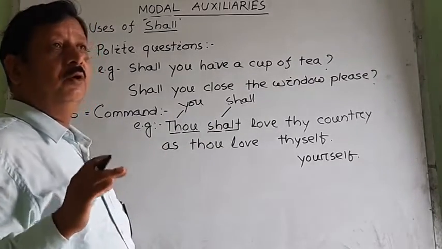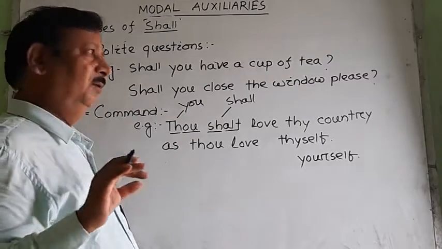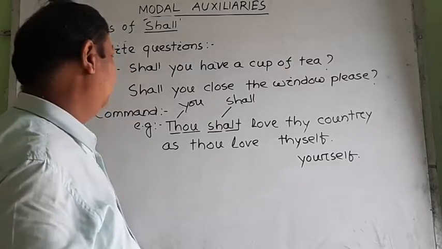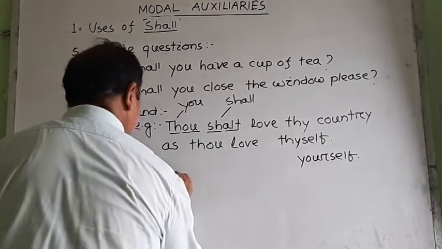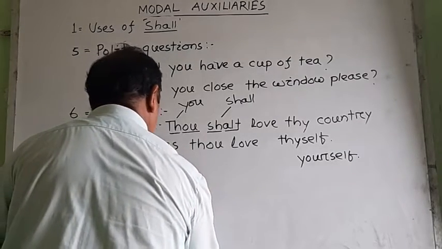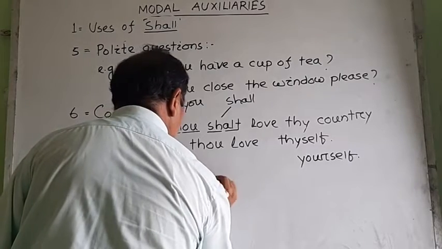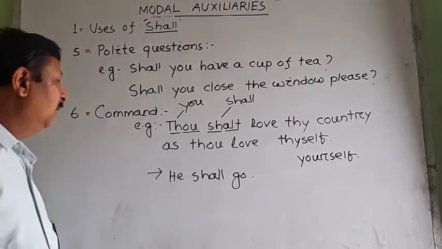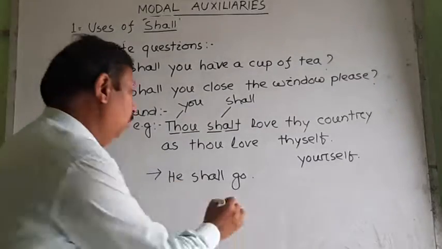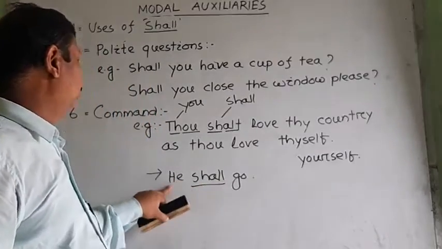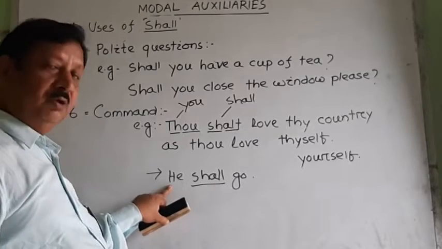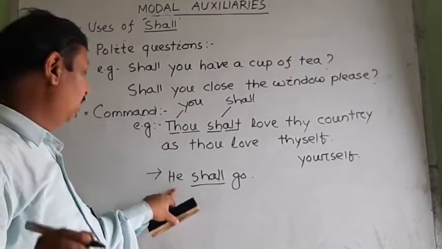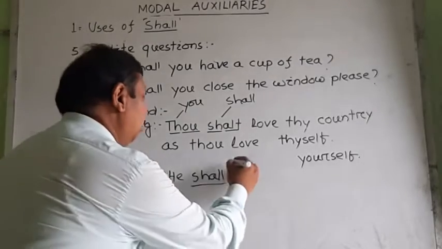But what sort or what extent of love should be there for our own motherland? Again, suppose someone says another one, he shall go. When shall is used with third person, as usually the normal use of shall is first person, but when we use it with third person, what does it express?